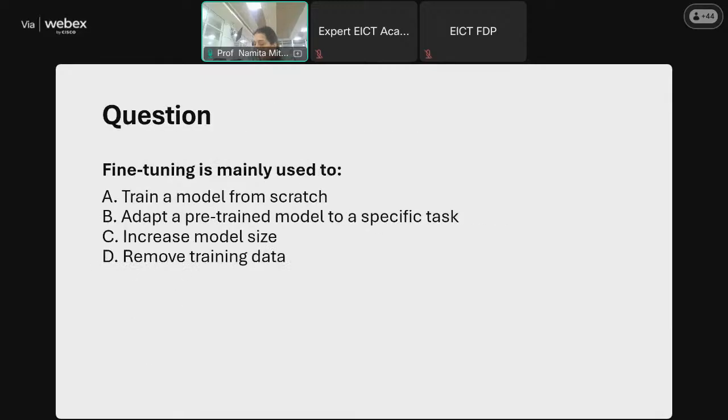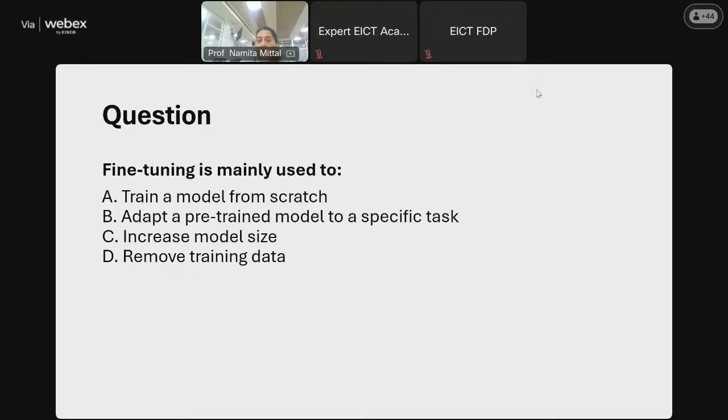Now is the time for a question. We'll do some questions and later we'll come to the next topic. I'll request everyone to please write in chat if you have understood. Fine tuning is mainly used to: train a model from scratch? Not sure.